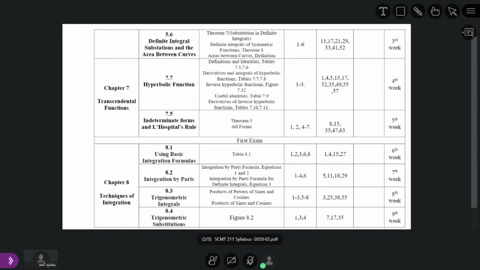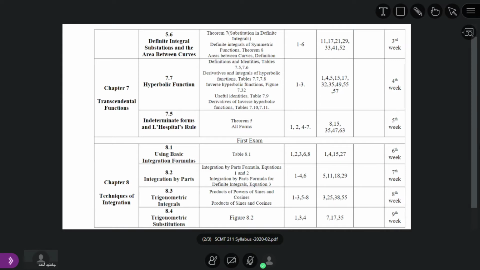And as an application of L'Hopital's rule, we shall solve indeterminate forms. What are indeterminate forms? It means if we have a product of functions, and one function has limit 0 and the other function has limit infinity, or the first function has limit infinity and the second function has limit 0. So one is this indeterminate form.